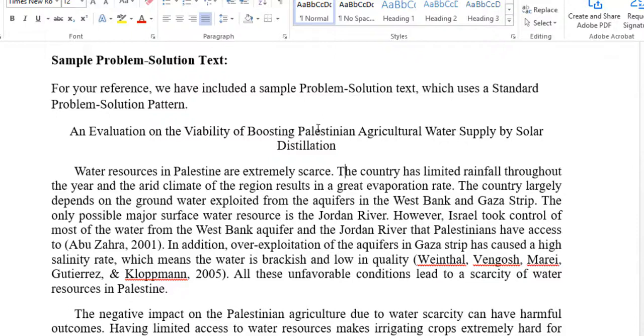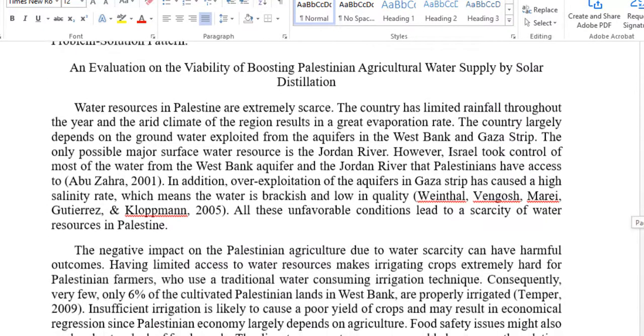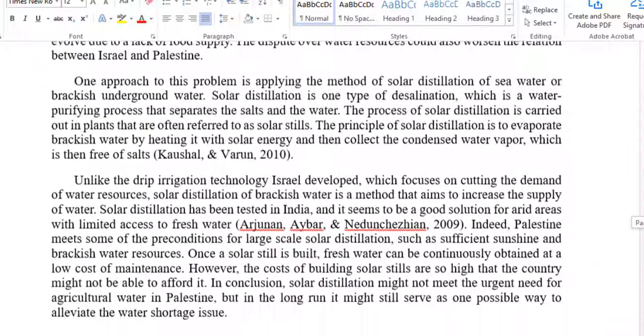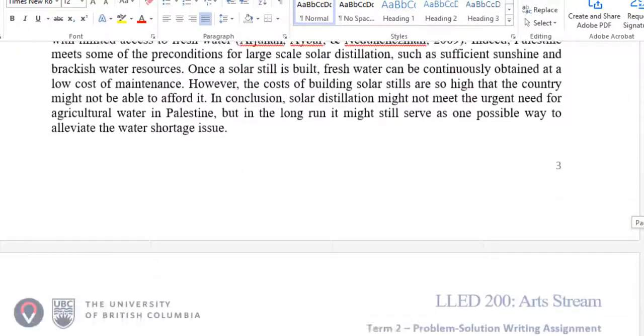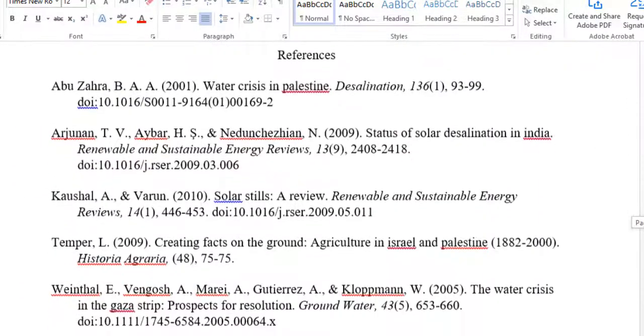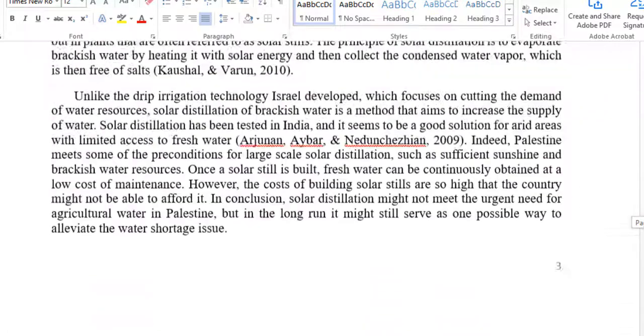So in here we have the problem, we have the solution, and we have the evaluation piece all in the title. So you can see there are 1, 2, 3, 4 paragraphs, 4 stages, and the references at the end.